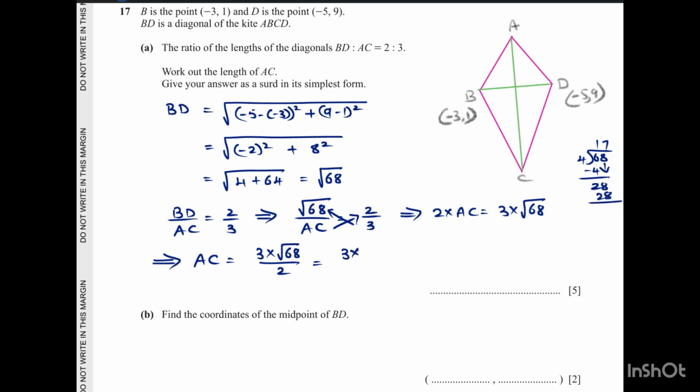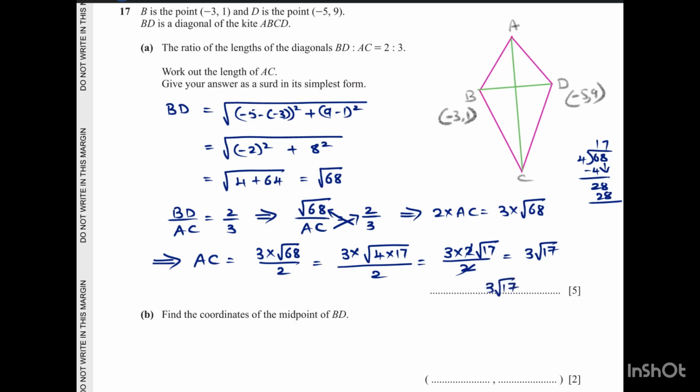Because there is 2 in the denominator, and 4 if I bring out of the root it will be 2. So 3 into 2 into root 17 by 2. 2 gets cancelled, your answer will be 3 root 17. So this is the value of AC in the form of a surd, which is the simplest form.